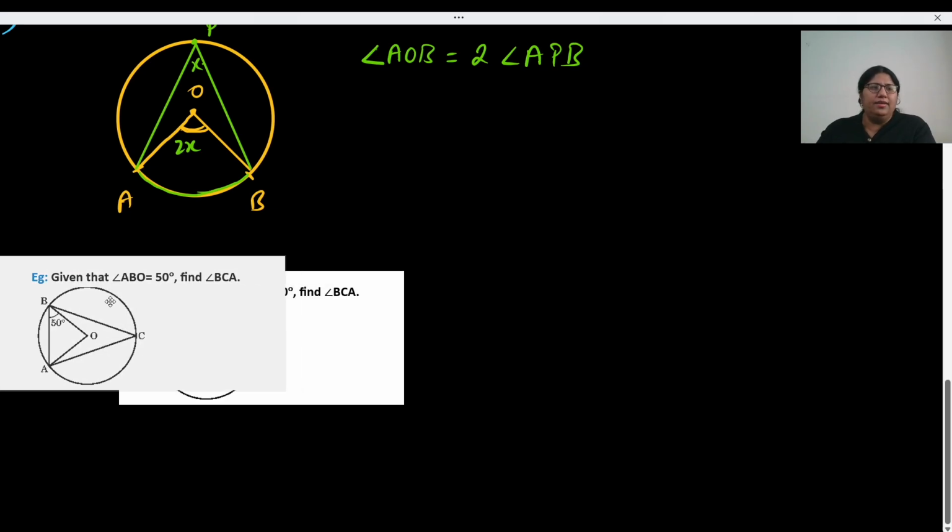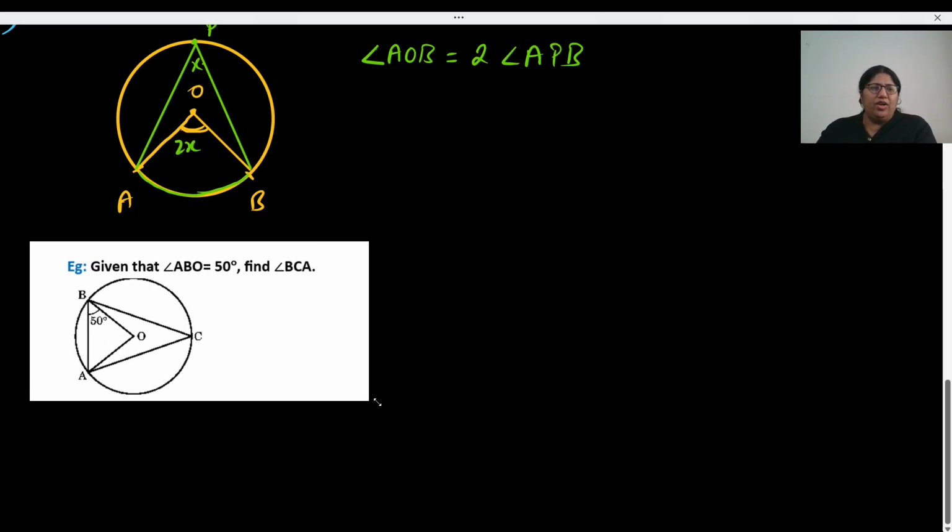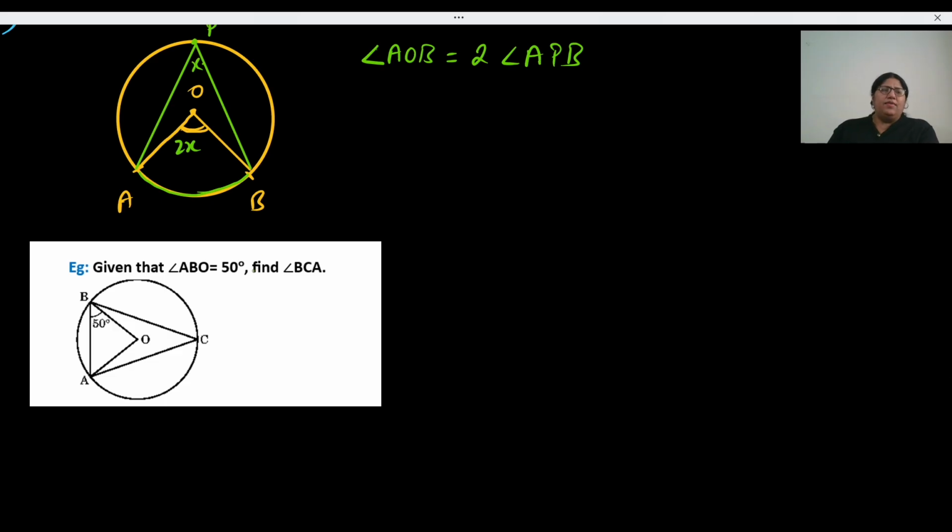What does it say here? Given, angle ABO is 50 degrees. Angle ABO is already marked here as 50 degrees. We need to find angle BCA. How are we going to find this angle?